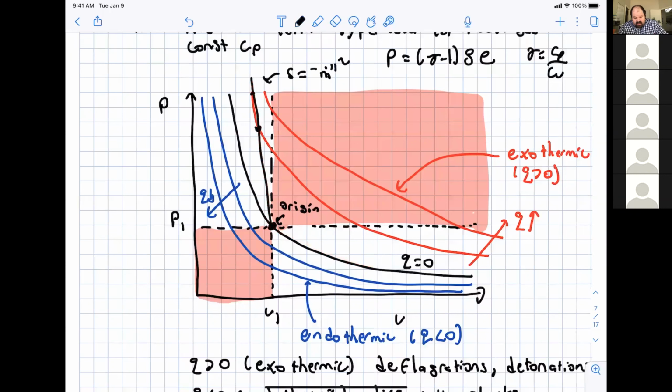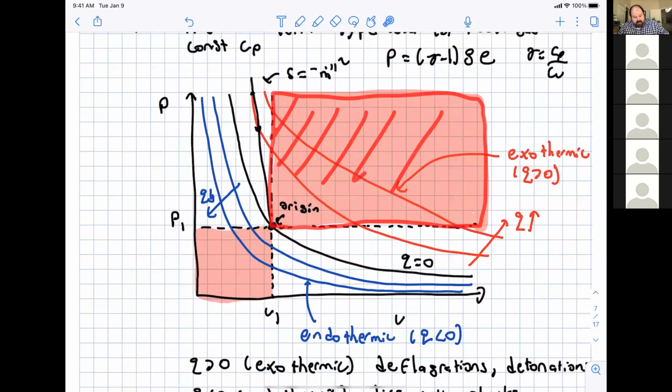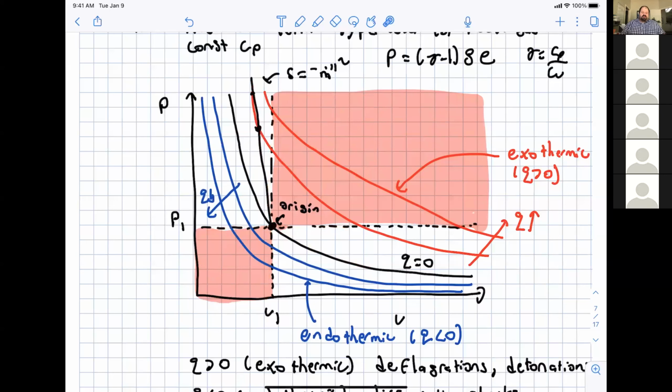Since we don't want complex-valued mass fluxes, which make no physical sense, we can blot off the areas of the PV diagram that do not produce admissible solutions.